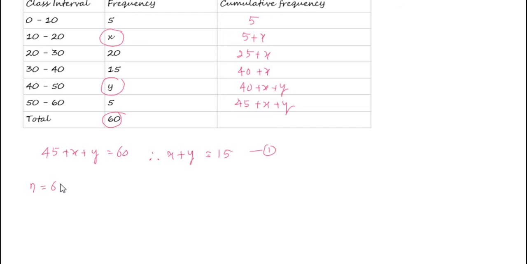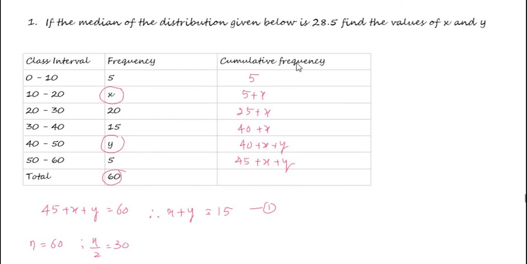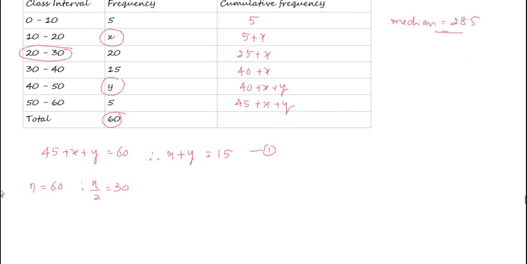N equal to 60, therefore n by 2 equal to 30. Median is given here, that is 28.5. I said median falls within the median class. So 28.5 falls within this class between 20 and 30. So median class is 20 to 30.